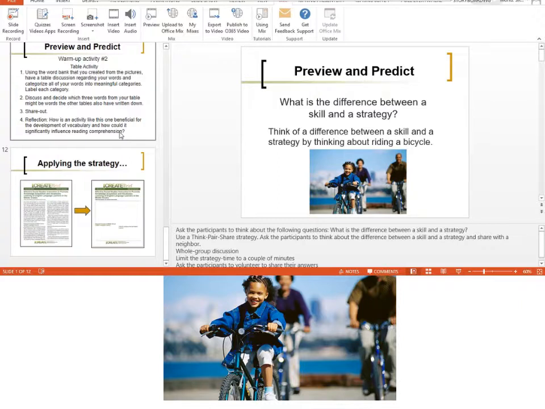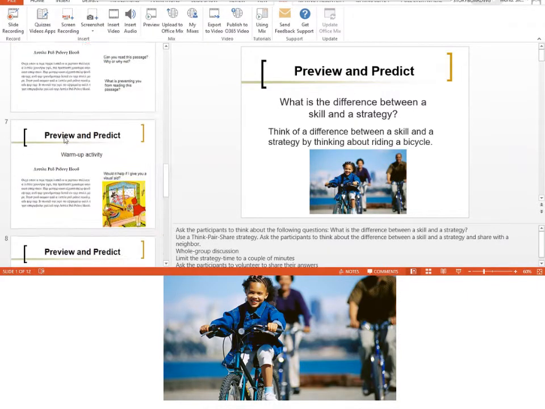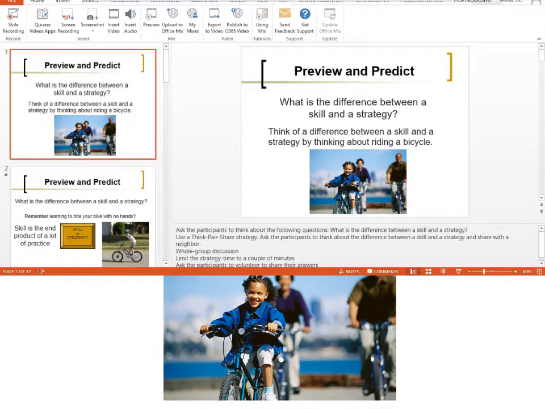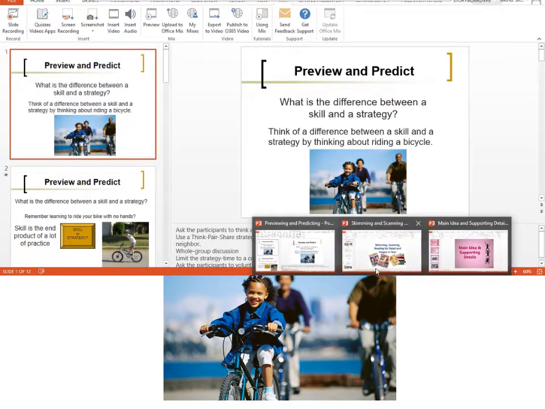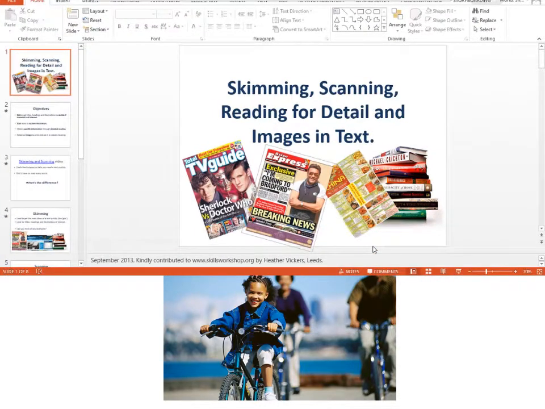So you are guessing by reading the title what the content is all about, and then you are going to predict the content must be related to what you are looking for. So this is on previewing and predicting. Let's move on to the next thing, which is skimming and scanning.